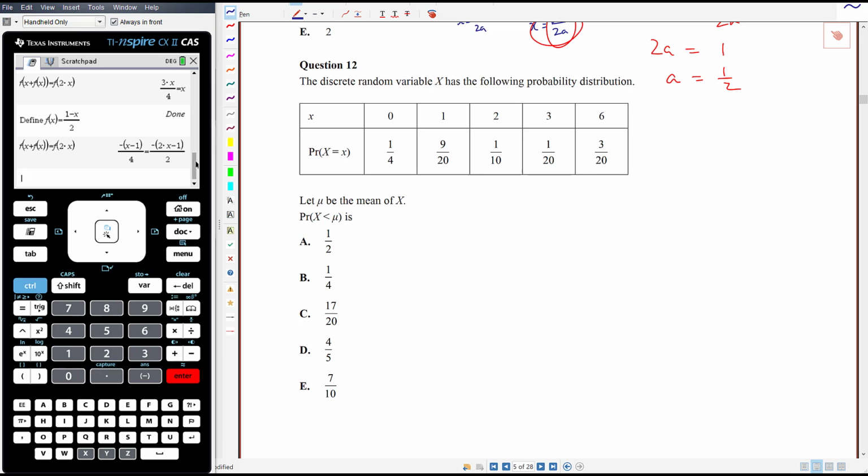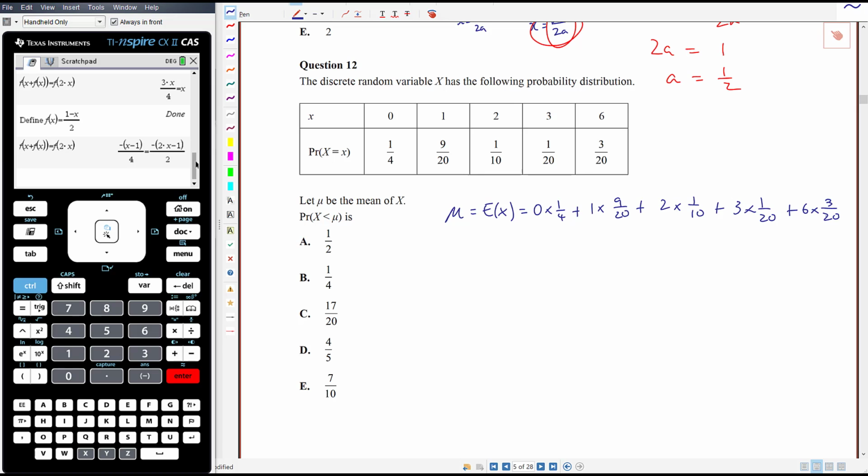Okay, so we need to work out the mean, mu. So mu is the expected value of x, which in this case is 0 times 1/4 plus 1 times 9 on 20 plus 2 times 1 on 10 plus 3 times 1 on 20 plus 6 times 3 on 20.